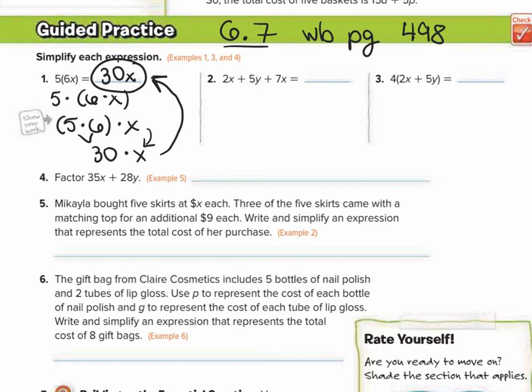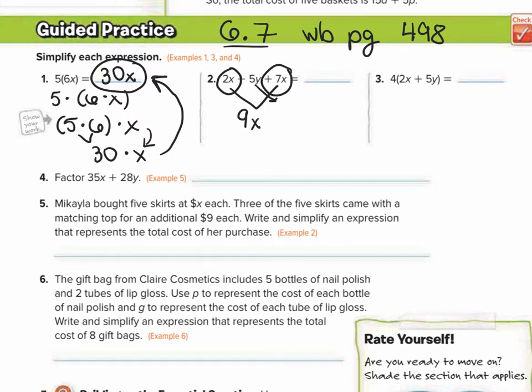Number 2, for addition and subtraction, you can only add or subtract like terms. Like terms have to have the same variable. So 2x plus 7x, those are like terms and can be combined to get 9x. Because if you have 2 x's and you're adding another 7 x's, you have 9 x's in total.